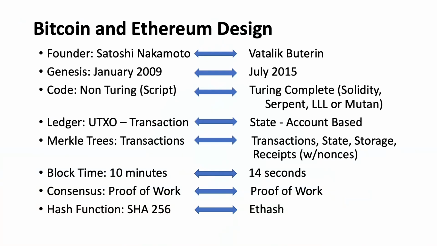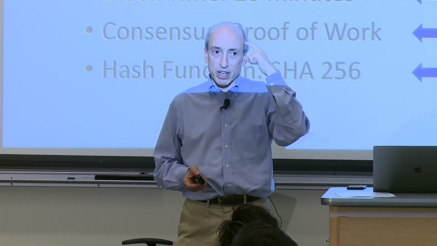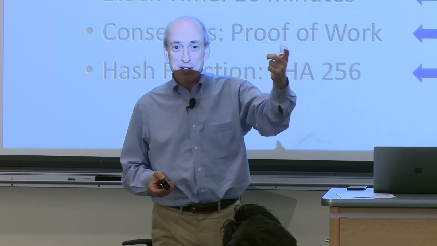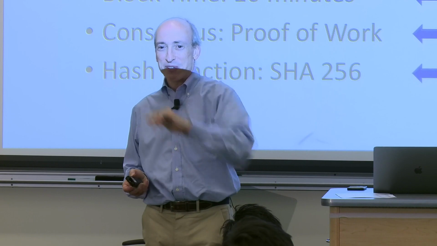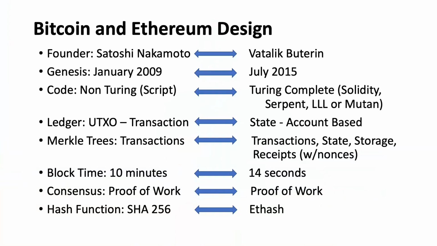I'm not going to go through each of the details, but there were about 15 or 20 details in these slides about the differences between Bitcoin and Ether, and I just use it as a reminder. But in essence, the big difference is account-based versus transaction-based.